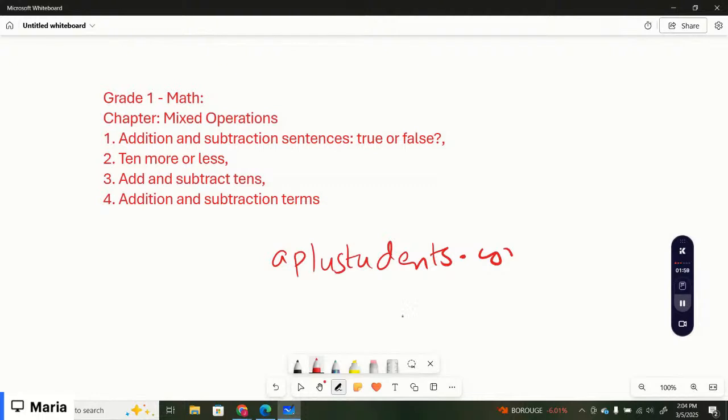Then you have to select math from the subject tab. Scroll down to grade 1 math and then click on view all lessons.